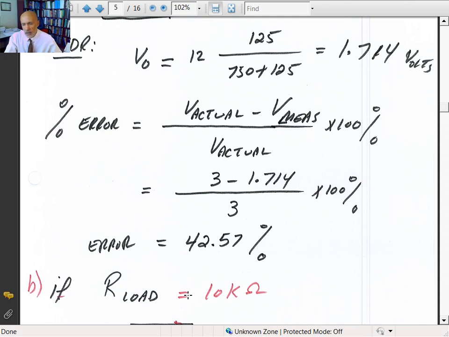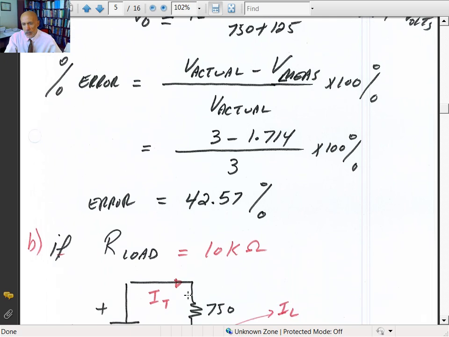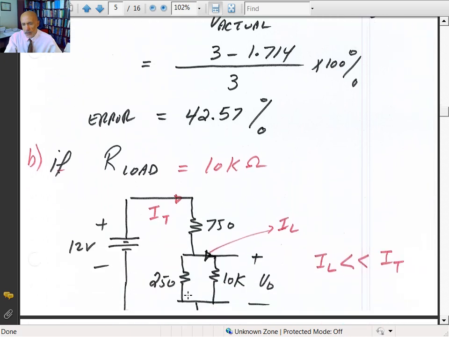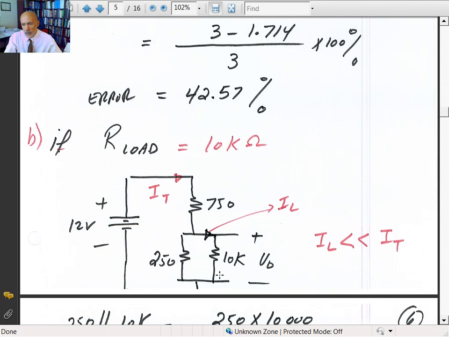Let's look at the case if R of L is equal to 10 kilo ohms. So you put 10 kilo ohms in parallel with 250. Now if this resistor is very large compared to R2, then very little current is going to go to that resistor.